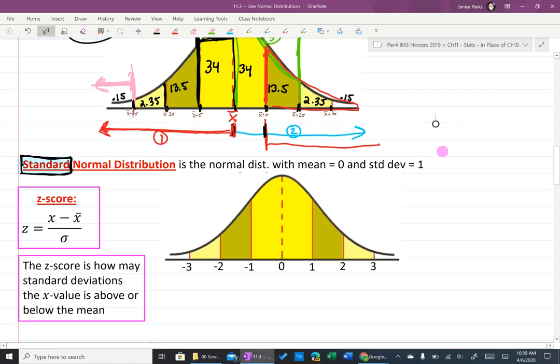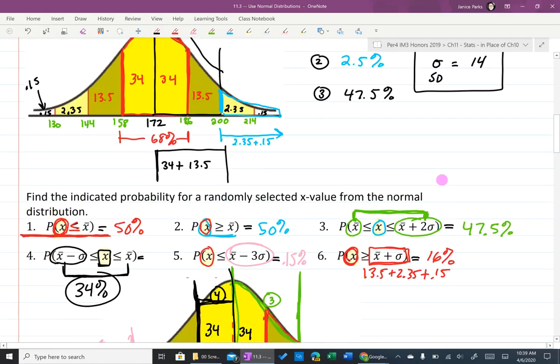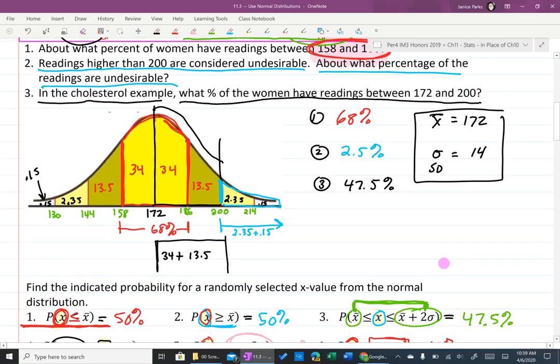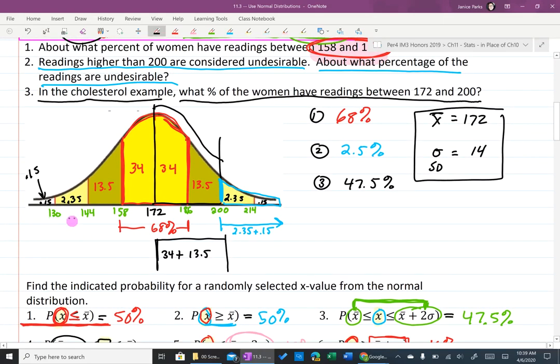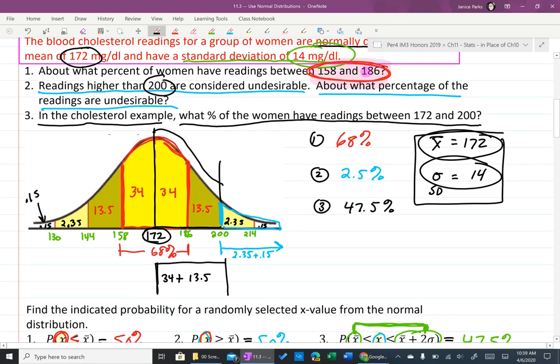So let's go back to the cholesterol example from before. In the cholesterol example, we have these numbers. So the mean was 172, and the standard deviation was 14. Okay, and so we were able to answer these questions: percentage of women between 158 and 186, readings higher than 200, and between 172 and 200, because those numbers are all on this normal distribution curve.